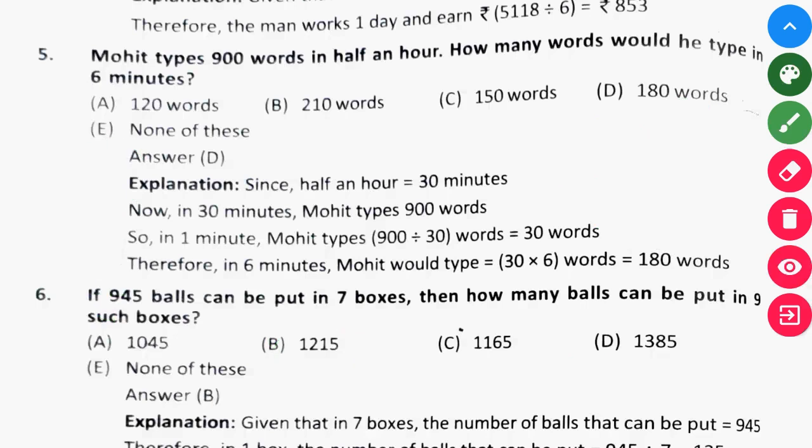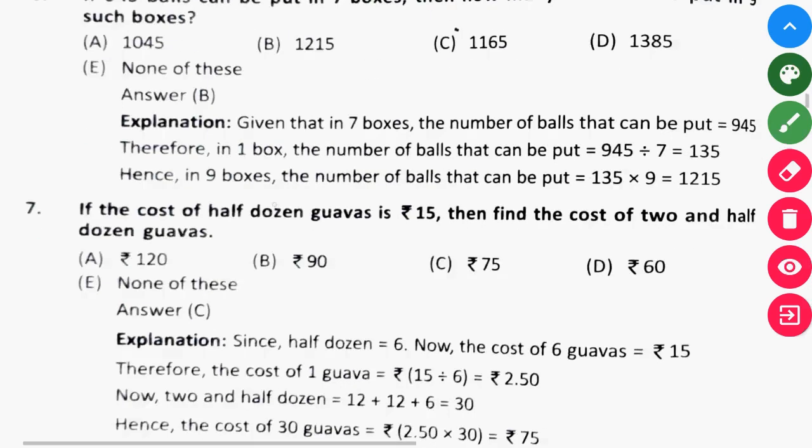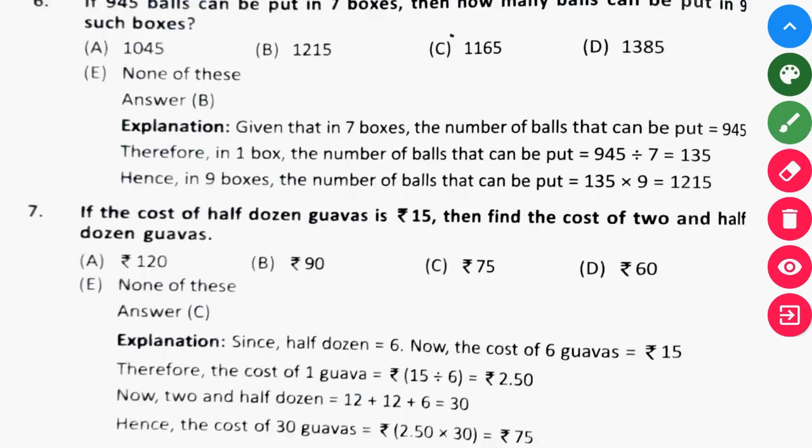Up to now you got the theme of the chapter, that from many things we have to calculate the unit one, and from unit one we have to find another many, or just the price of a single thing, or whatever it may be, the box containing the things, or the cost of any item you buy.